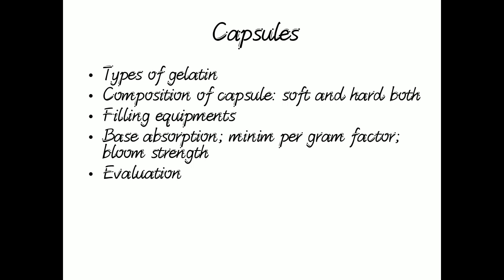That is the weight of liquid base required to make a capsulable base with 1 gram of solid. V stands for the volume and D for the density of the mixture. Minimum per gram factor will help the rapid calculation of the size of the capsule, and it will avoid the preparation of many possible mixtures in the laboratory.